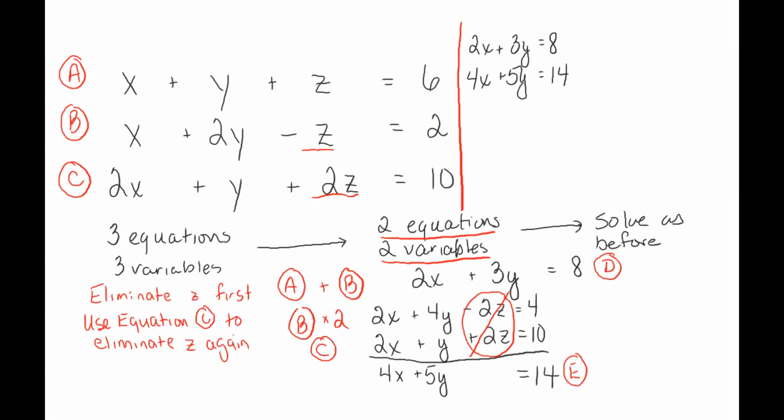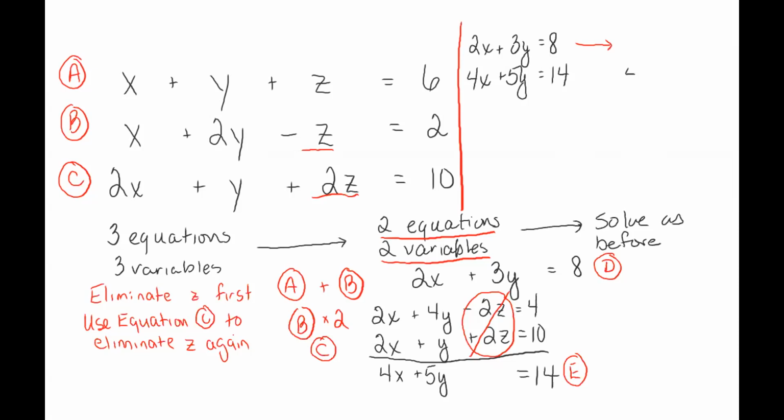If I were to erase everything else on this whiteboard, you guys could figure out how to solve this. You'd say, well, maybe I could eliminate X or Y, your choice. I would probably eliminate X since I can do so by just multiplying the top equation by what number? Would I get rid of the X's?